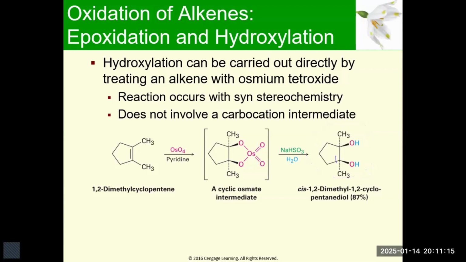Diol meaning 1,2 with OHs on both of those. And you can see from the structure why it would be syn addition. It just sits on there, and you get this beautiful intermediate, ultimately turning it into the diol.